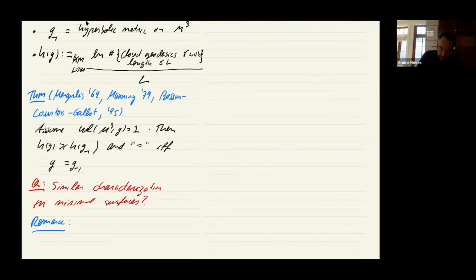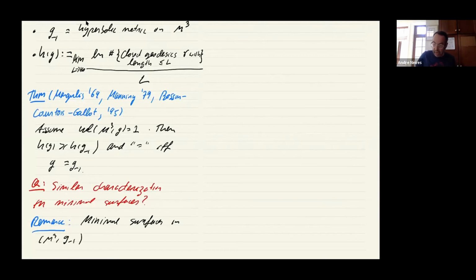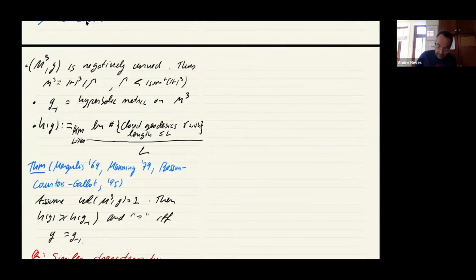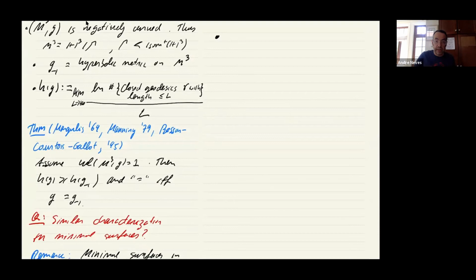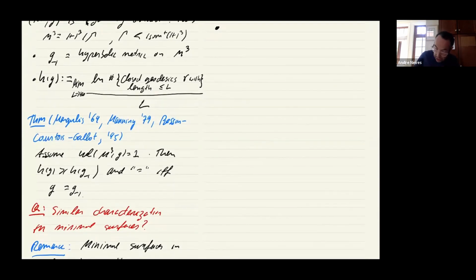Minimal surfaces in the manifold with the hyperbolic metric aren't necessarily unique in their homotopy class, or homologically nontrivial, or of Morse index 0.